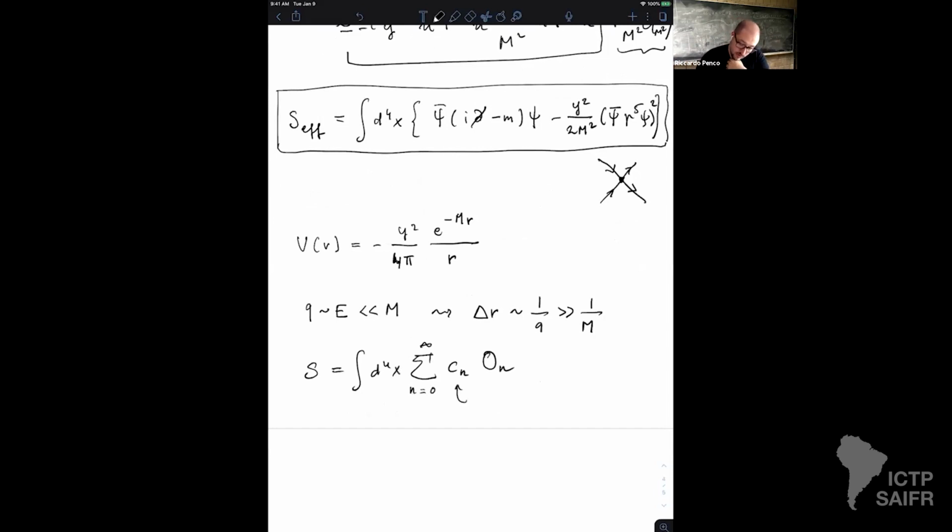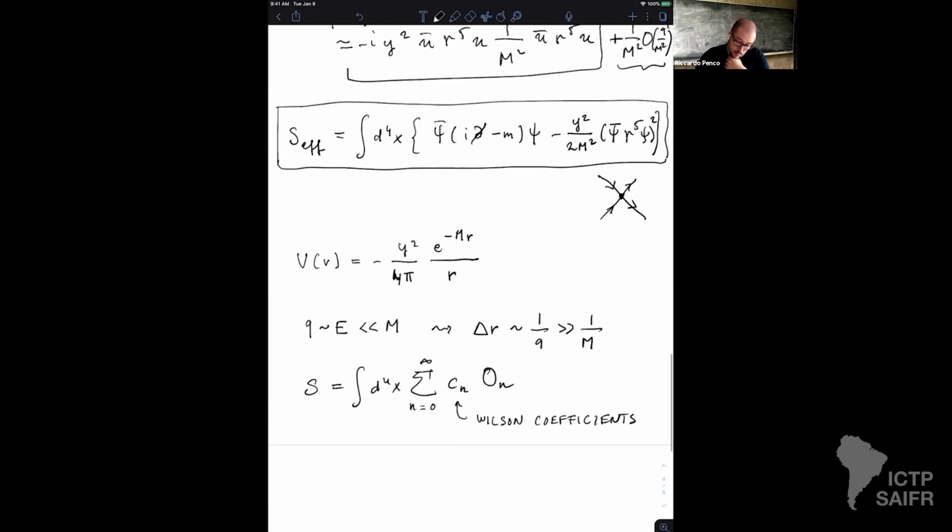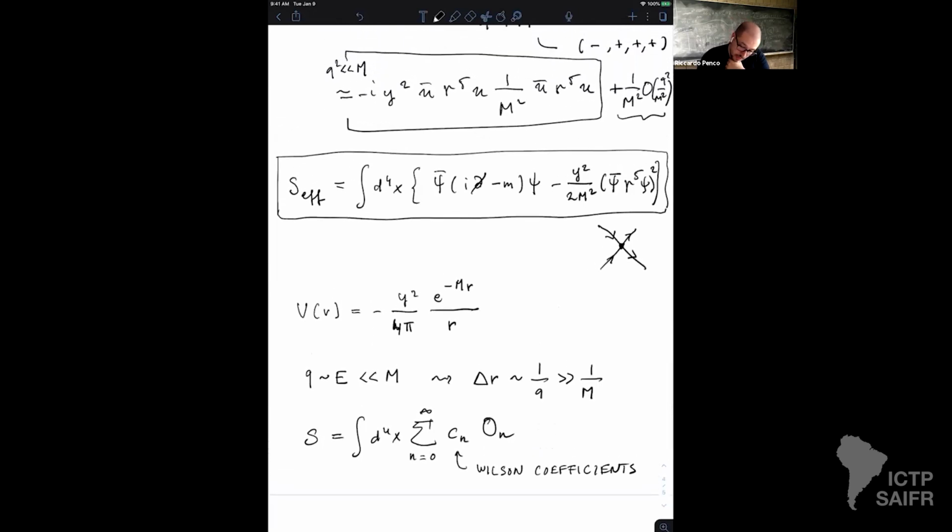The C_n are the coefficients, which are also known as Wilson coefficients. And you see an example of operators, for instance, could be this one. This would be one of these O_n. And this would be the value of the Wilson coefficient at tree level.